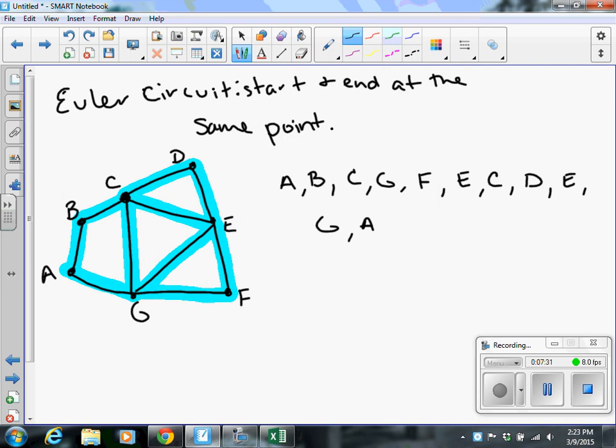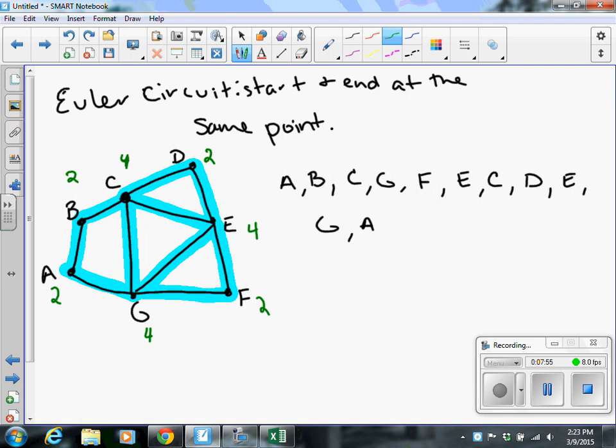So I'm going to write some numbers in here, and you guys might figure it out right away, maybe not. For A, I'm going to write down 2, B is 2, C is 4, D is 2, E is 4, F is 2, G is 4. So what do those numbers mean? Those are how many edges are coming out of each vertex.